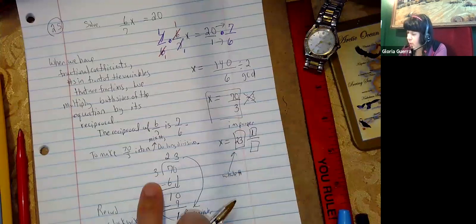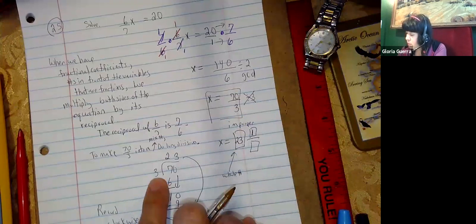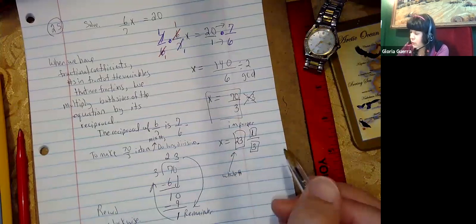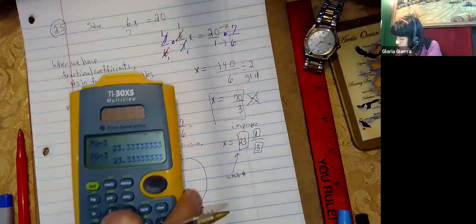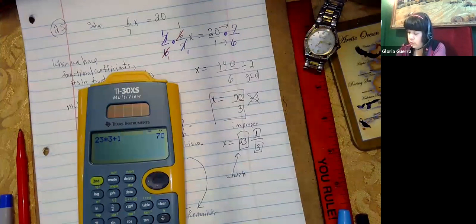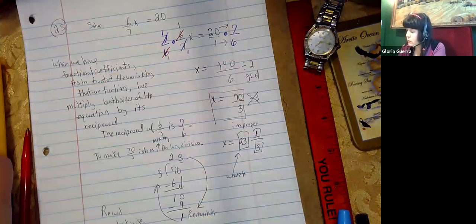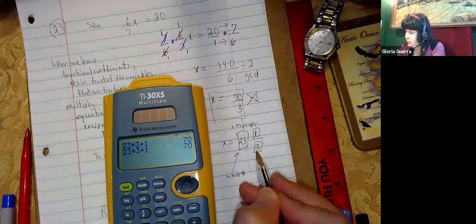And then the denominator usually stays the same. See, the denominator is your divisor. And if you do a check, 23 times 3 plus 1, you get back to 70. Yeah, 70/3. So 23 times 3 plus 1 gives you back 70. Could you do a check?